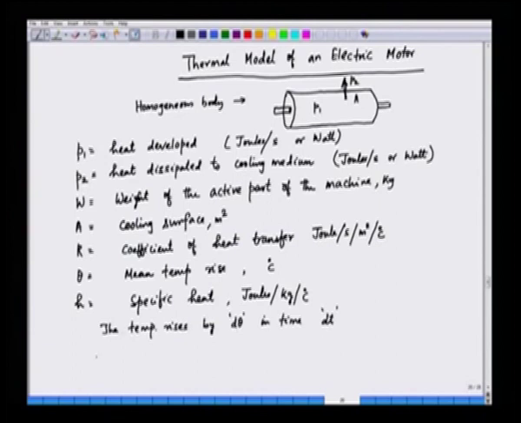So, heat stored here is basically the heat developed, P1 dt minus P2 dt.